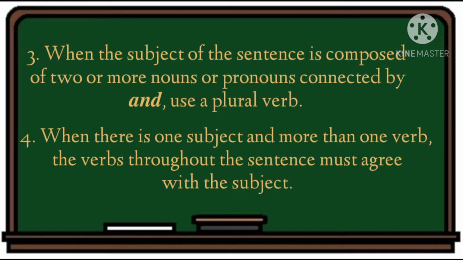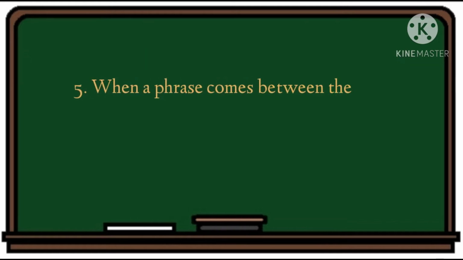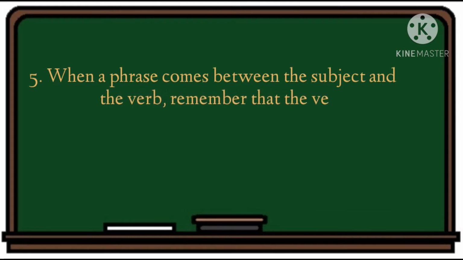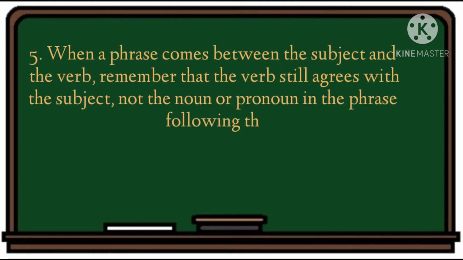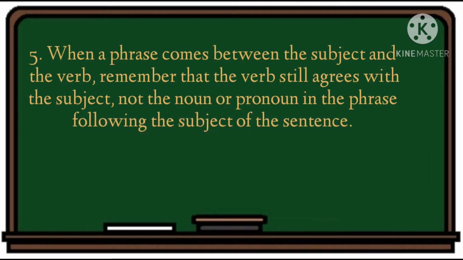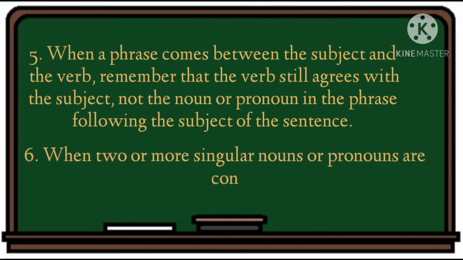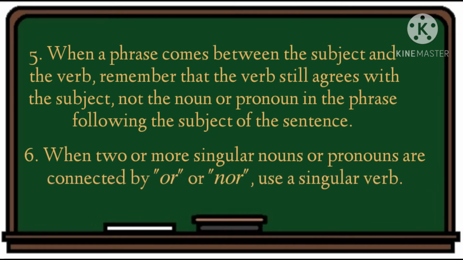Fifth, when a phrase comes between the subject and the verb, remember that the verb still agrees with the subject, not the noun or pronoun in the phrase following the subject of the sentence. Sixth, when two or more singular nouns or pronouns are connected by or, nor, use a singular verb.